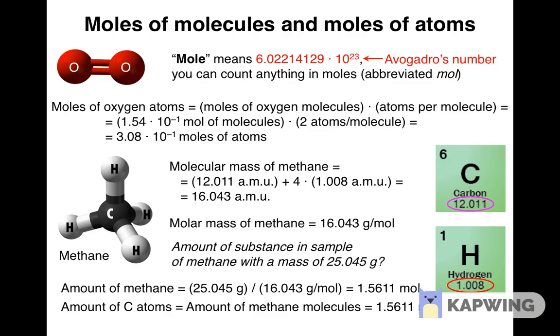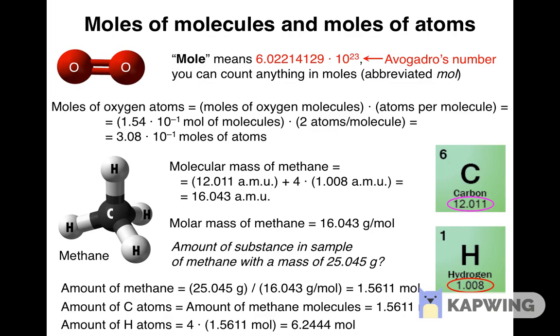Because there are 4 hydrogen atoms per methane molecule, the number of hydrogen atoms in this sample is 4 times greater than the number of methane molecules. 4 times 1.5611 moles of methane molecules gives us 6.2444 moles of hydrogen atoms.